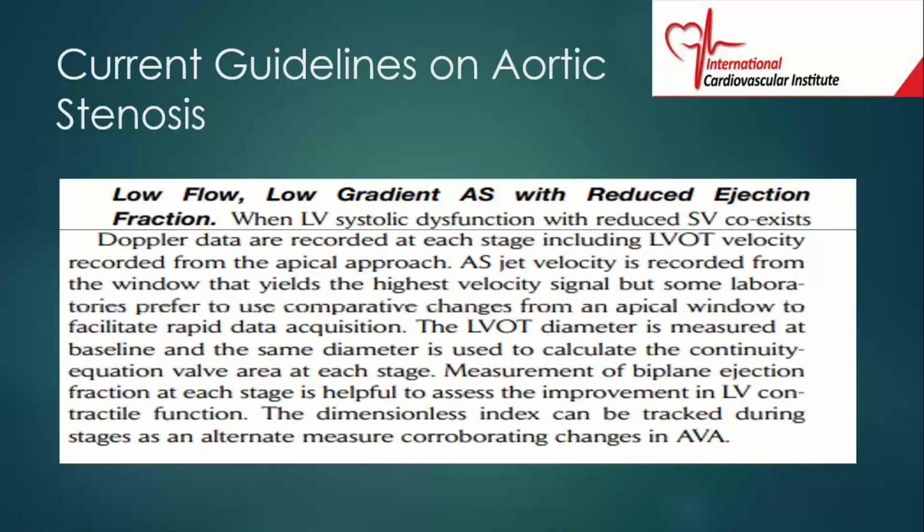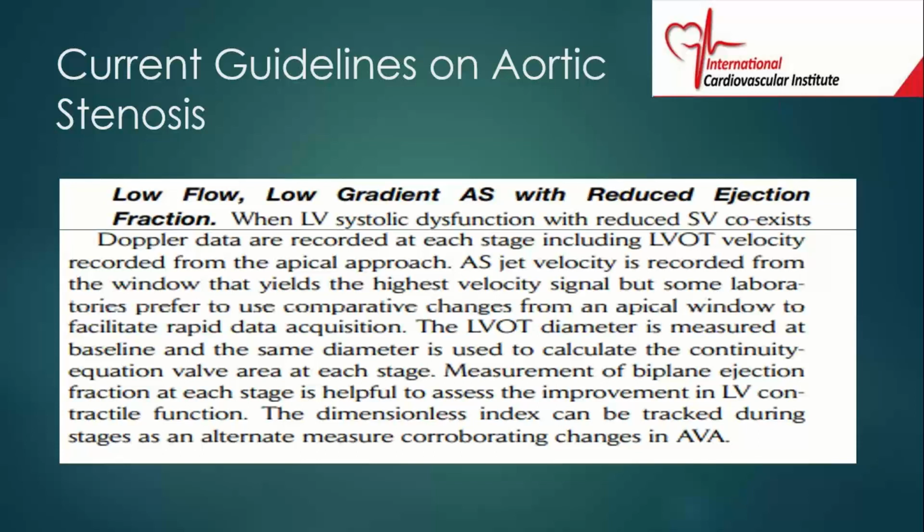So what you're going to do is at each dose, or each stage of the infusion, remember every 3 to 5 minutes you're going to increase. So every 3 to 5 minutes you're going to get your LVOT velocity, and you're going to get the aortic valve velocity and mean gradient.